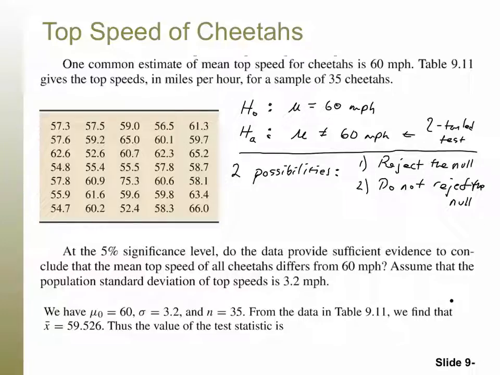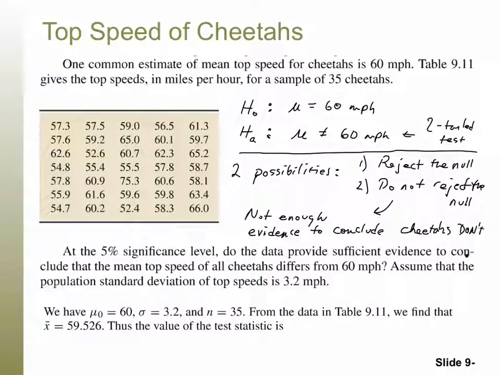Okay, so let's just highlight that. Not enough evidence to conclude cheetahs don't have an average top speed of 60 miles per hour.